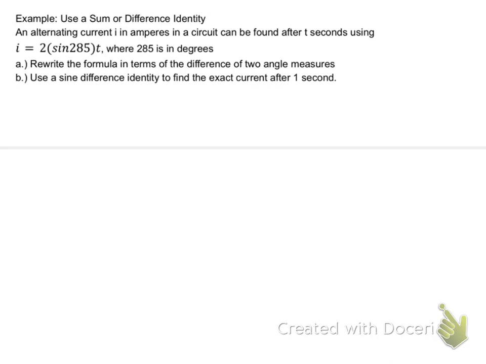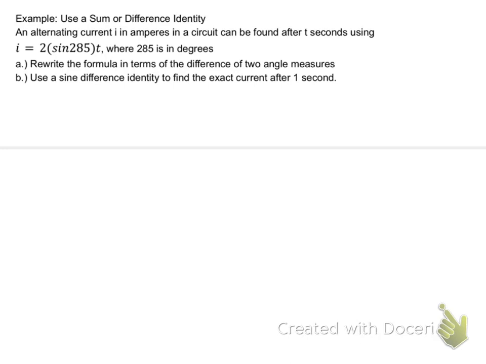So they didn't put the little degree symbol in there. They're telling you, though, it's definitely 285 degrees. Two parts. A, I want you to rewrite the formula in terms of the difference, meaning subtraction, of two angles. And then B, I want you to use this difference identity to find the exact current after 1 second.